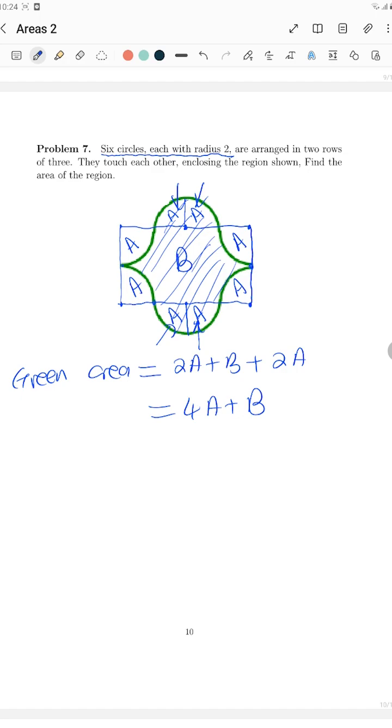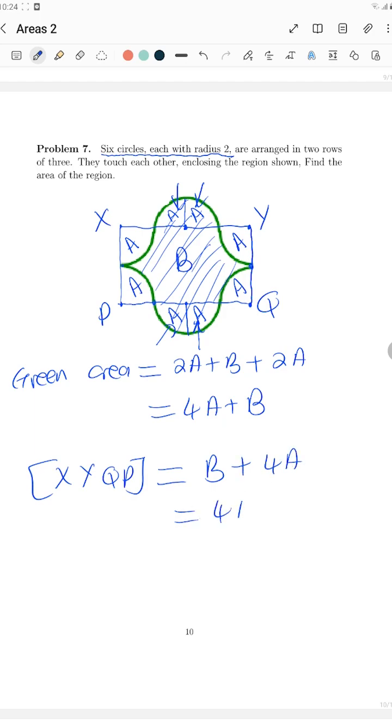Likewise, if I look at X, Y, Q, P, the area of X, Y, Q, P will be the B part plus the 4 corners, and each corner is A. That's also 4A plus B. So we see that the green area is 4A plus B, and polygon X, Y, Q, P is also 4A plus B, so they are equal.